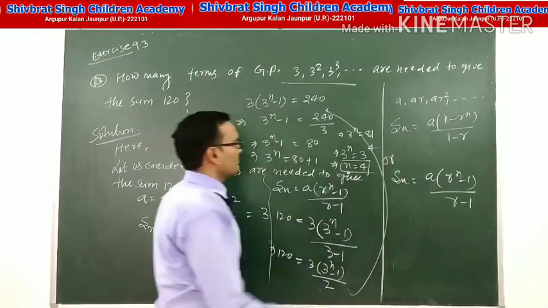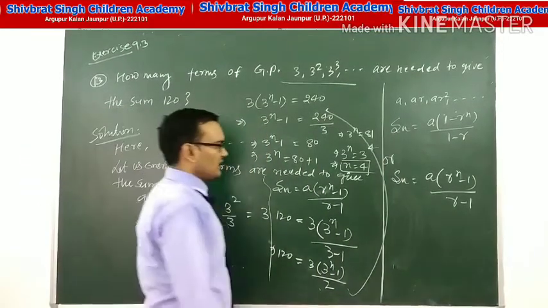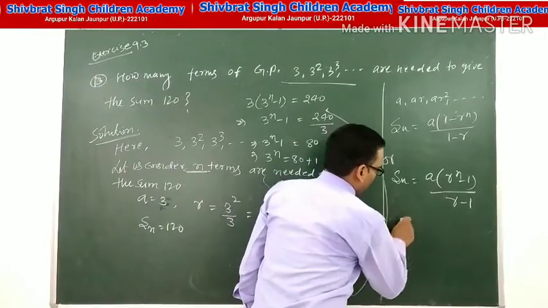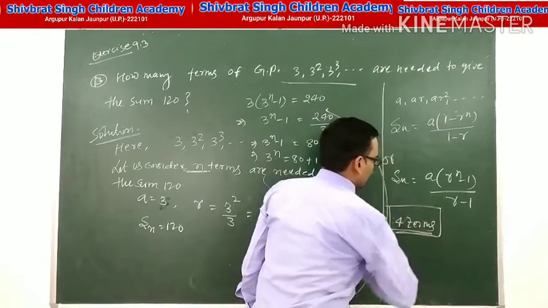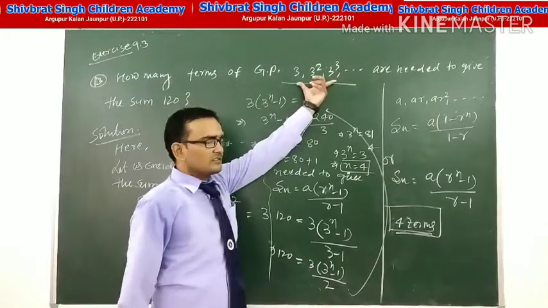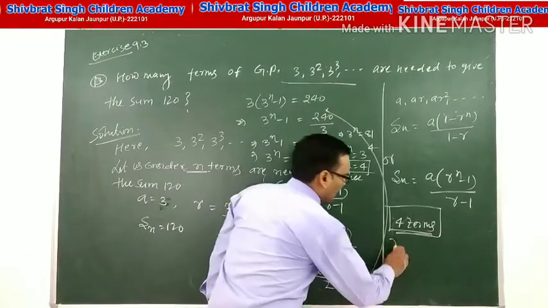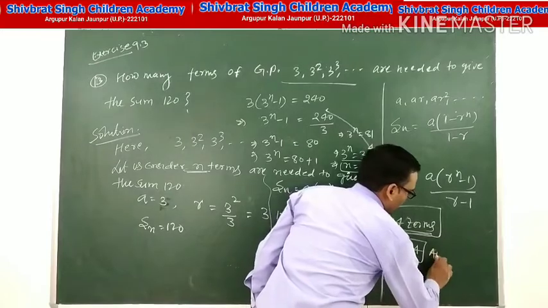How many terms are needed to sum 120? There are 4 terms needed to give the sum 120 of this GP. Your answer is n equal to 4.